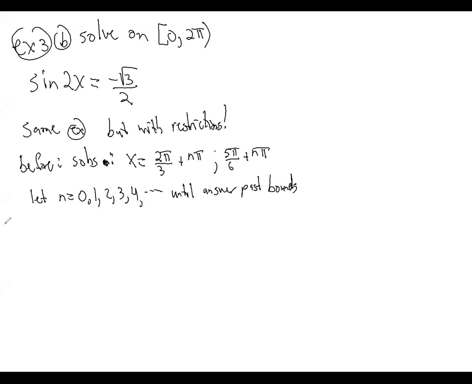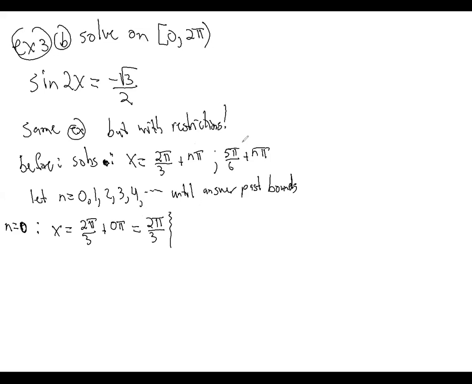So these are cases. When we let n be 0, that's a 0, not a theta, that's a 0. That says that x is going to be 2 pi over 3 plus 0 times pi, which is just 2 pi over 3.